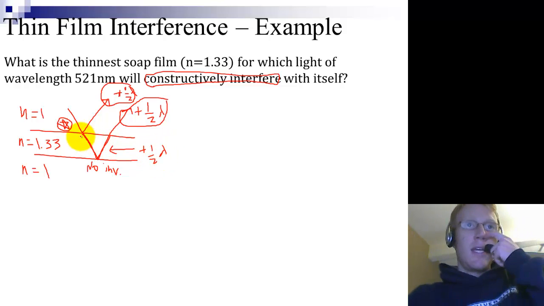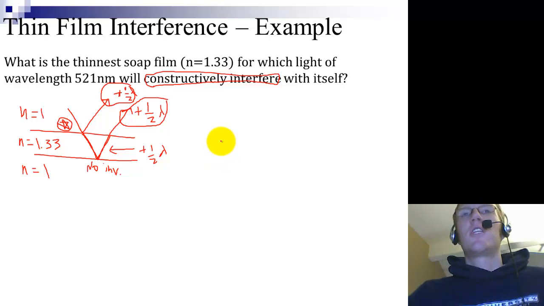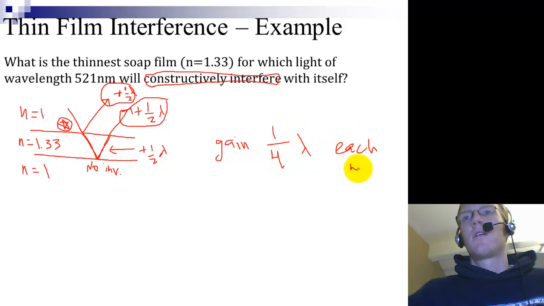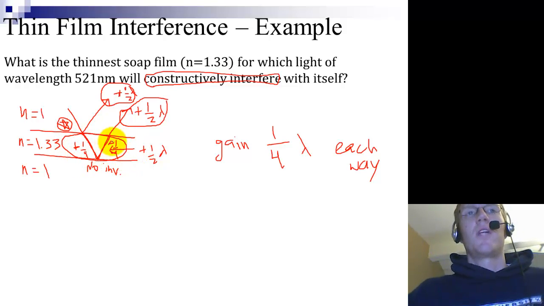So if it goes in and then comes back out, I don't even have to set up an equation for this really, to be honest. It should gain 1/4 of a wavelength each way, on the way in and then on the way out. So plus 1/4 right there, and then plus 1/4 right there. So the total of those two gives us the plus 1/2.